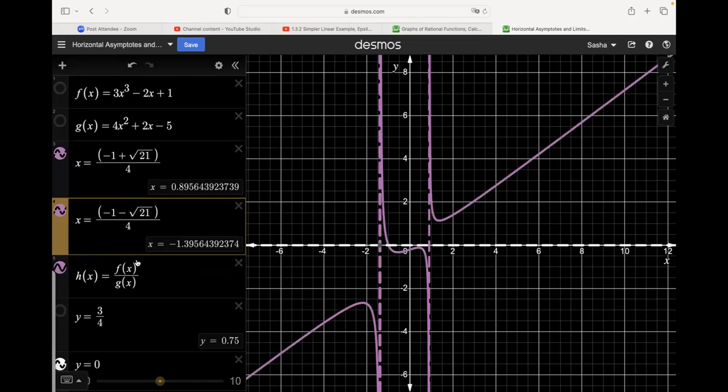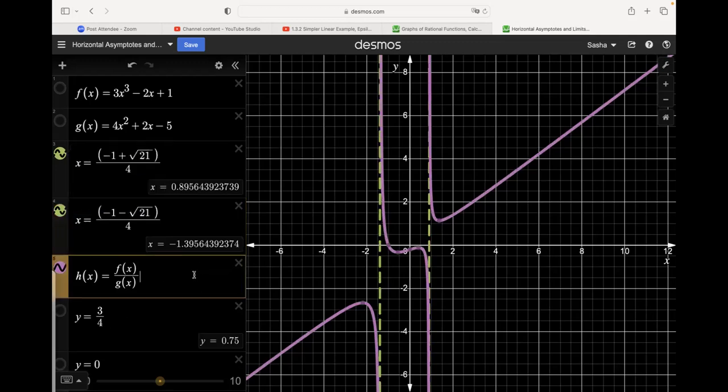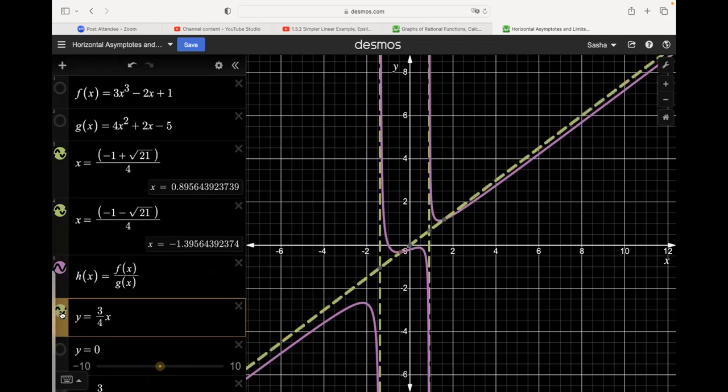When we graph the corresponding function, it looks like that. And we said y equals 3/4 x is a slant asymptote.